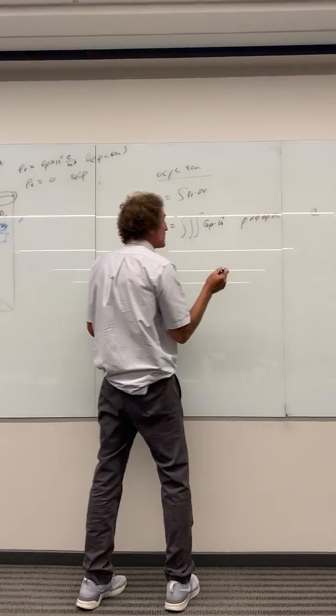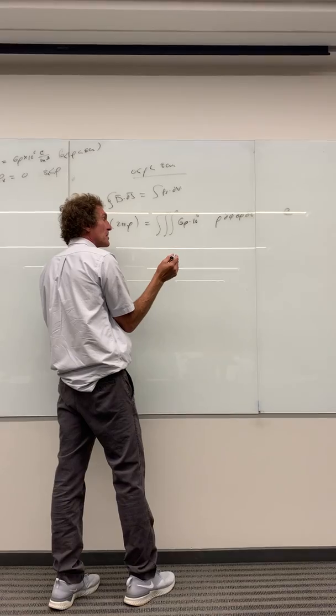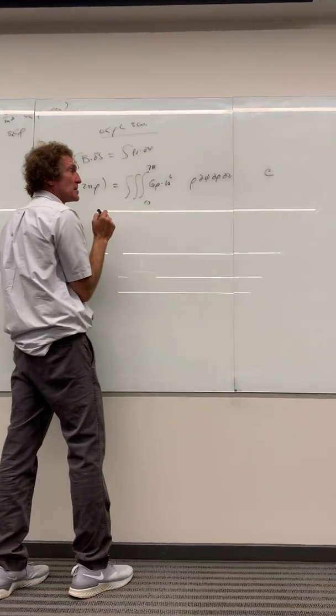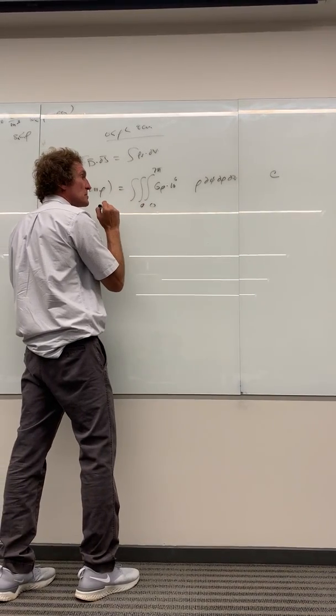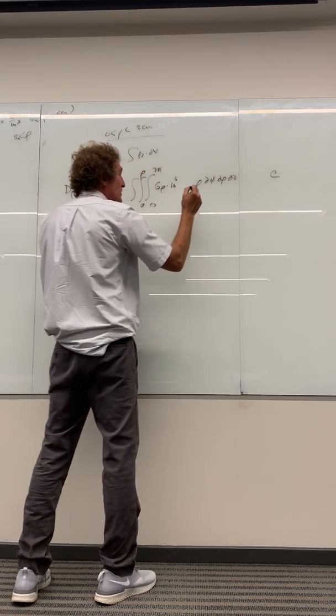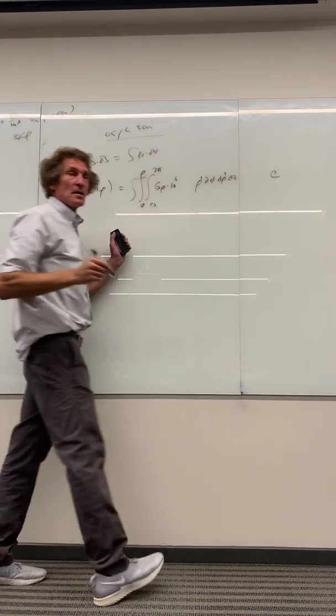So where does phi go from? That's the first integration. Go ahead. 0 to 2 pi, right? And rho actually goes from 0 to rho, and so we have to prime that rho.